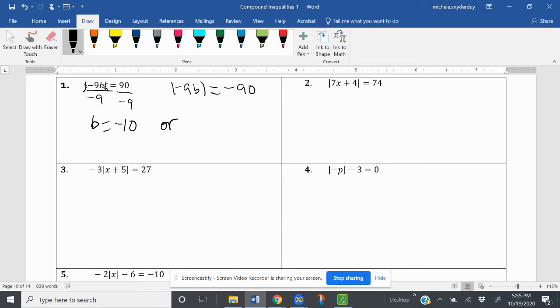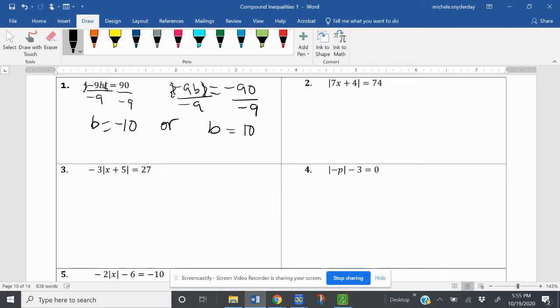The second one, when we remove the absolute value symbols, is to divide by a negative 9 again. And b could have equaled negative 90 divided by negative 9, which is a positive 10.